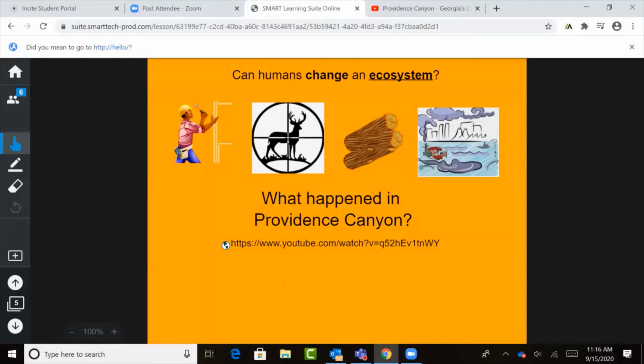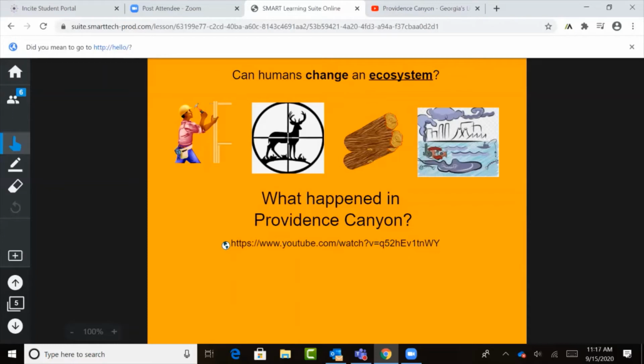Okay, anyone else? Let's see. Katie, can you tell me what you think these pictures mean? I need to unmute myself. I think they talk about hunting with the deer and burning and building.